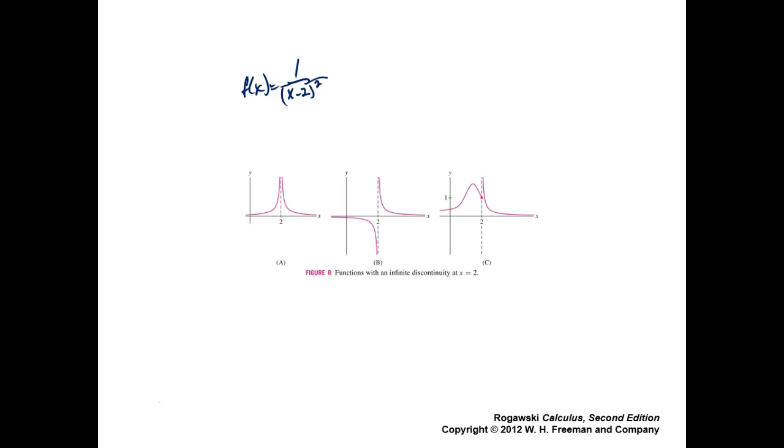The denominator is always positive, never negative. It's going to positive infinity from the left and positive infinity from the right. But it's not a removable discontinuity. It's not a jump discontinuity. It's an infinite discontinuity. Okay. The next one could be simply written as, I'll just call it, g of x.